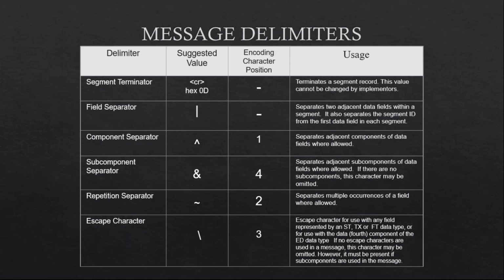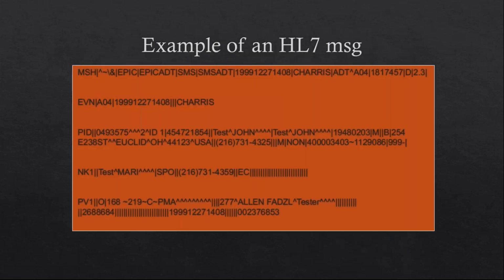So let us quickly take a look at a sample HL7 message, how it looks. We see that there are 5 segments here: MSH, EVN, PID, NK1 and PV1. Each segment has its own name.